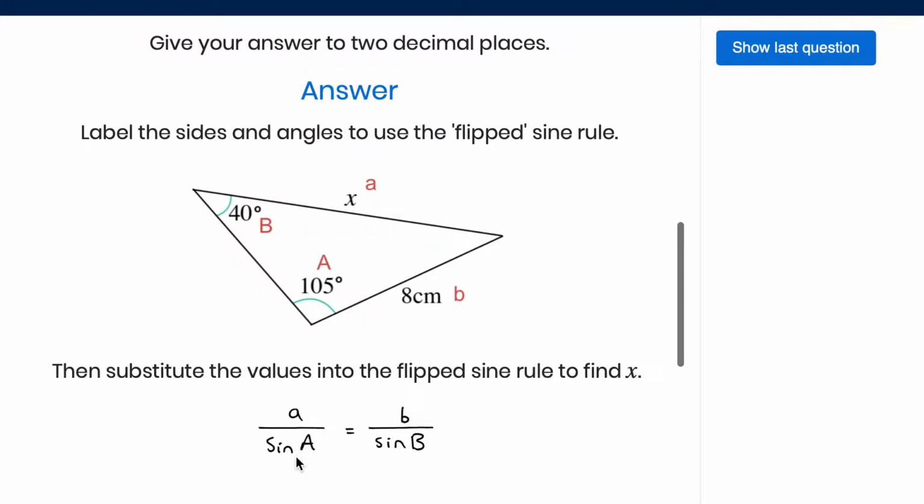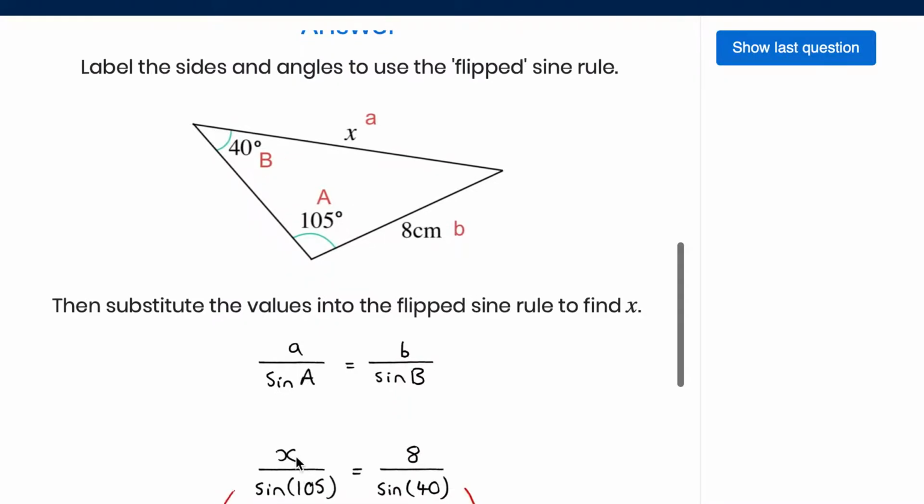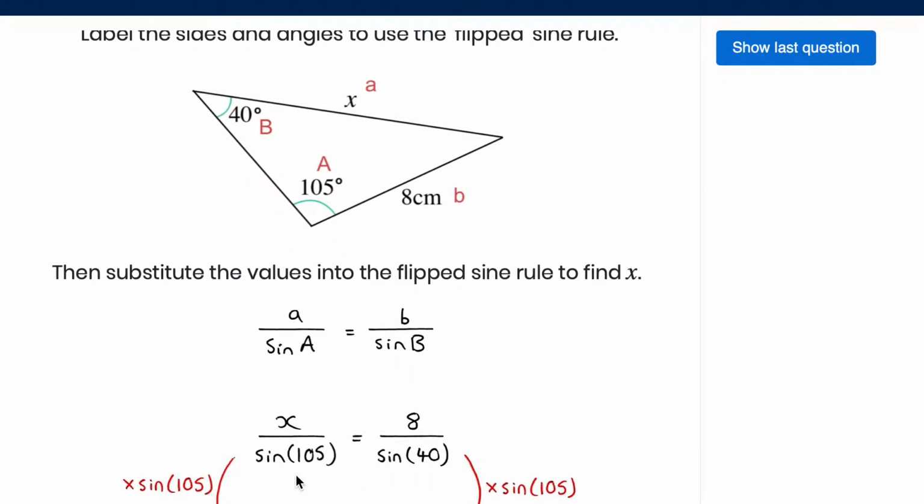So we start by writing a over sine A equals b over sine B, and this becomes x over sine 105 equals 8 over sine 40. And this is because the 105-degree angle is opposite the side x, and the 40-degree angle is opposite the side that's 8 centimeters.